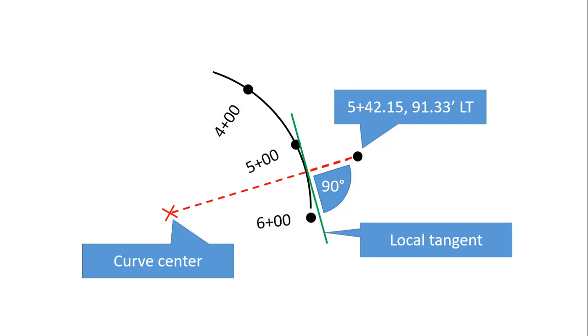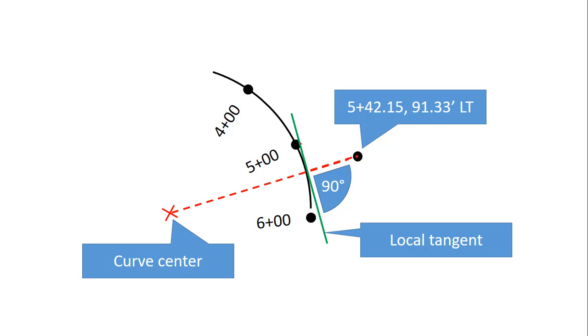On a curve, the point where the station hits is measured radially from the center, or the radius point, of this curve, out to that point. So it's at a 90-degree angle to this local tangent. It's got to be radial, so an imaginary line from this radius point, or the center of the curve, through that 90-degree point out to this point gets you that station.